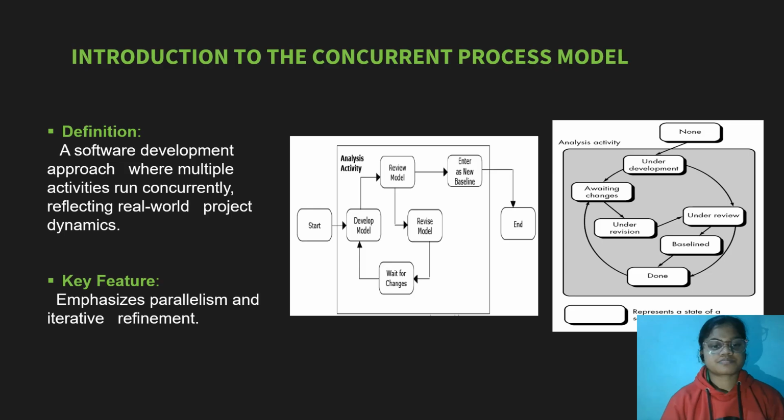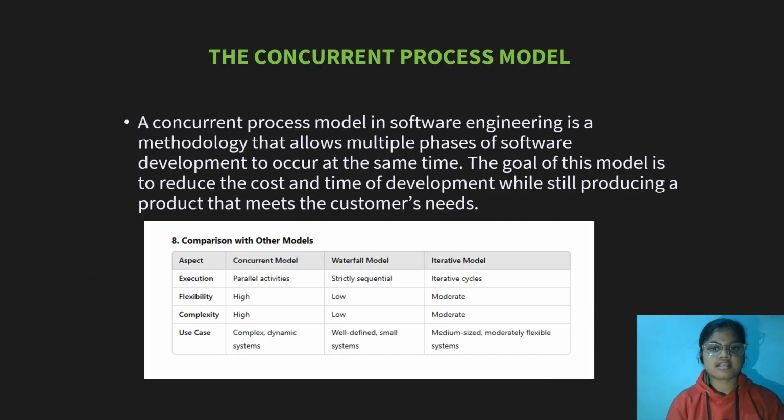Then we'll move to the next topic. The goal of this model is to reduce the cost and time of development while still producing a product that meets the customer's needs.